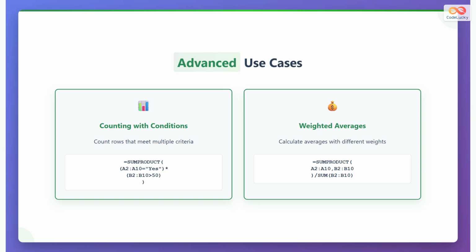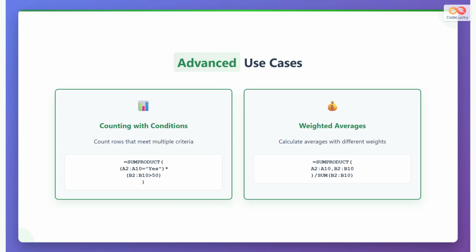Let's explore some advanced use cases where SUMPRODUCT truly shines. First, counting with conditions. This one is for counting rows that meet multiple criteria. The formula for that is =SUMPRODUCT((A2:A10="yes")*(B2:B10>50)).